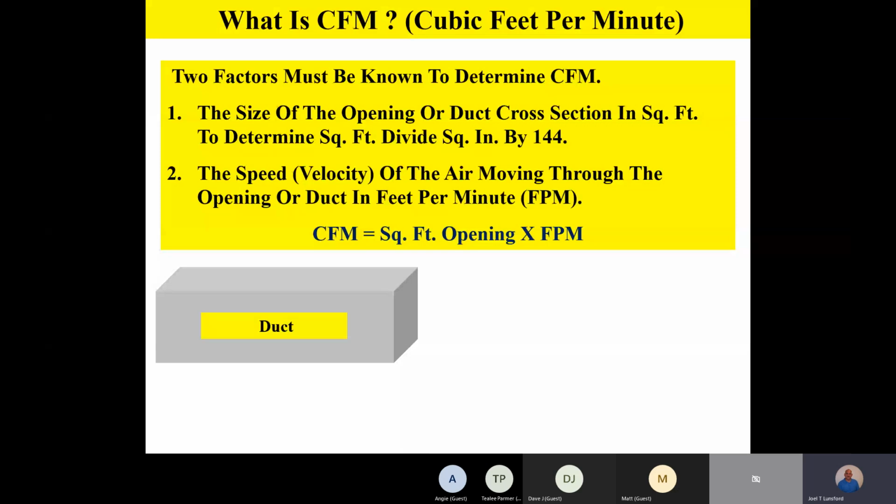So in this example, we're going to take 3.25 square foot opening and multiply it times 60 feet per minute velocity. We're just illustrating the air's coming out at a certain speed, and that gives us 195 CFM. So the actual air moving through that duct section is 195 CFM in this example.